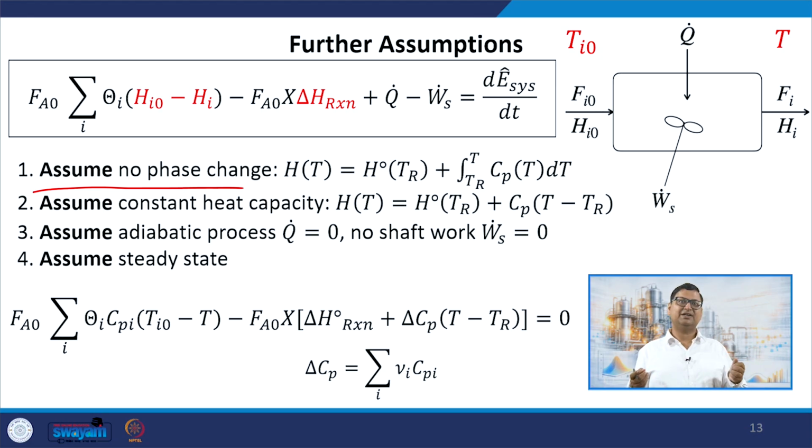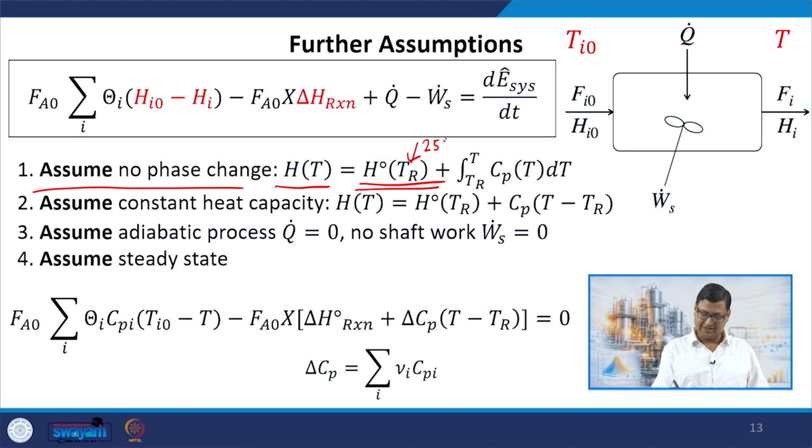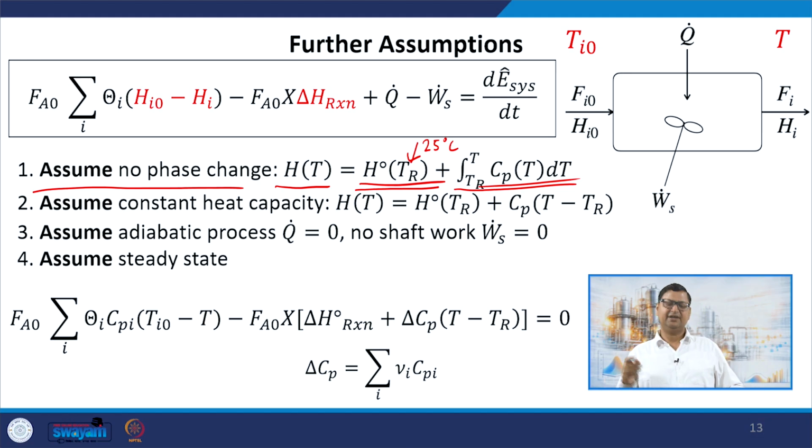So we will look at the cases when there is no phase change. In that case, we only have sensible heat. And in that case, we can express the enthalpy at temperature T as some sort of a standard enthalpy defined at some reference temperature, typically for liquid it is 25 degrees Celsius, plus the sensible heat change, that is basically Cp dT integrated from the reference temperature to a temperature T, right.